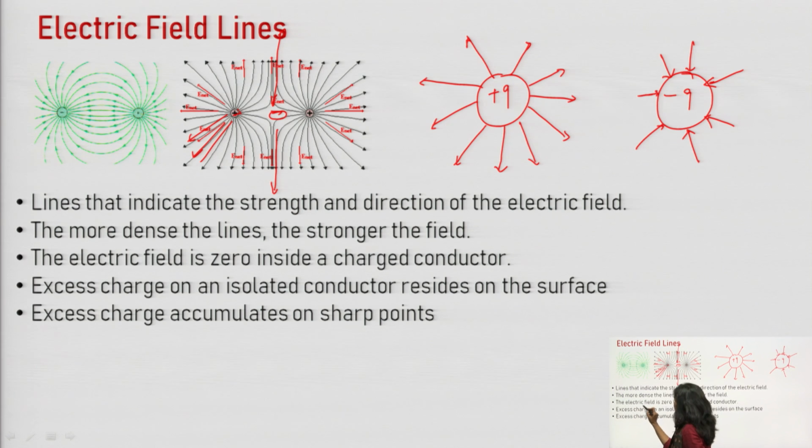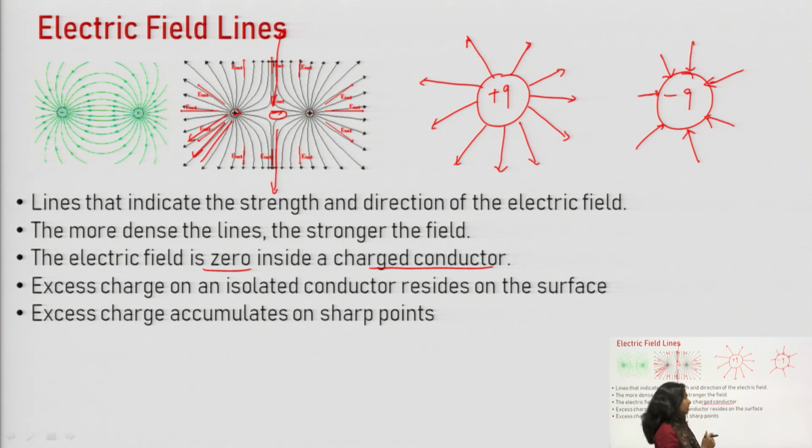Further, the electric field is zero inside a charged conductor. If there is a conductor, then the total electric field will be zero inside it. Excess charge on an isolated conductor resides on the surface.